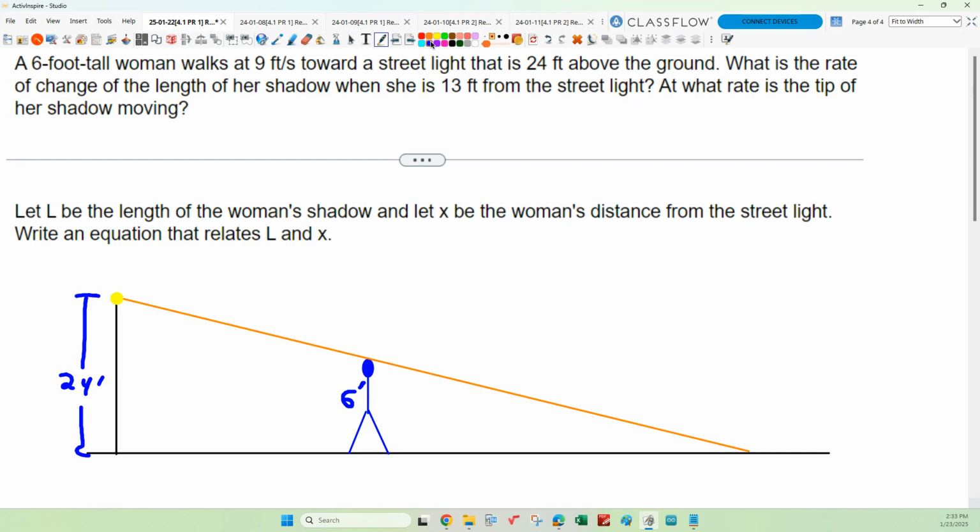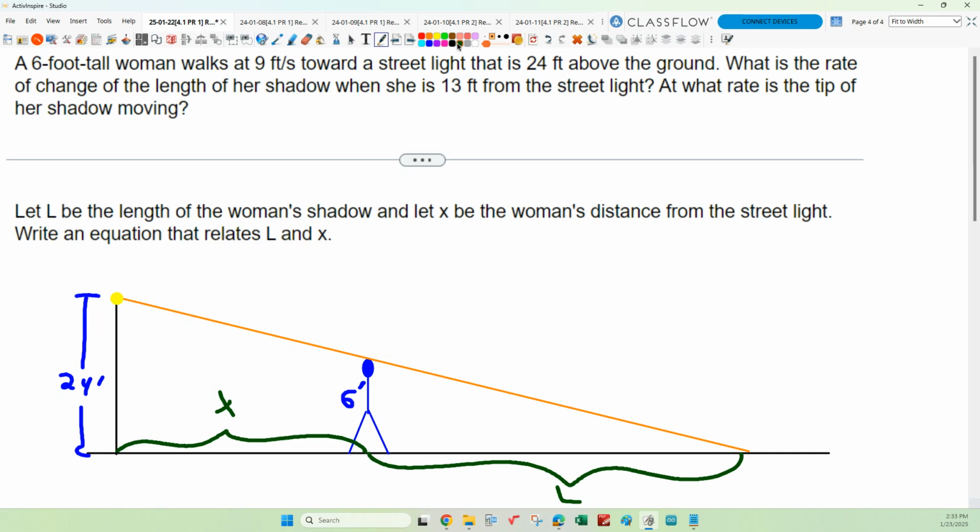So it gives us a little guidance here. We'll call this distance X, and this distance L.